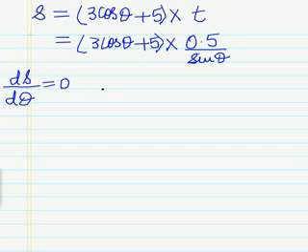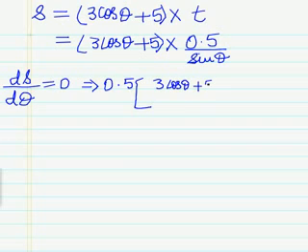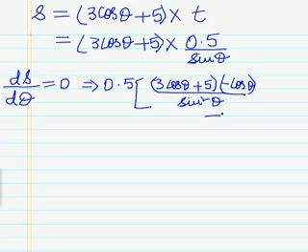So let's do this. If we differentiate it, we get 0.5 times (3 cos theta plus 5) times minus cos theta over sine square theta, minus 3 sine theta over sine theta.